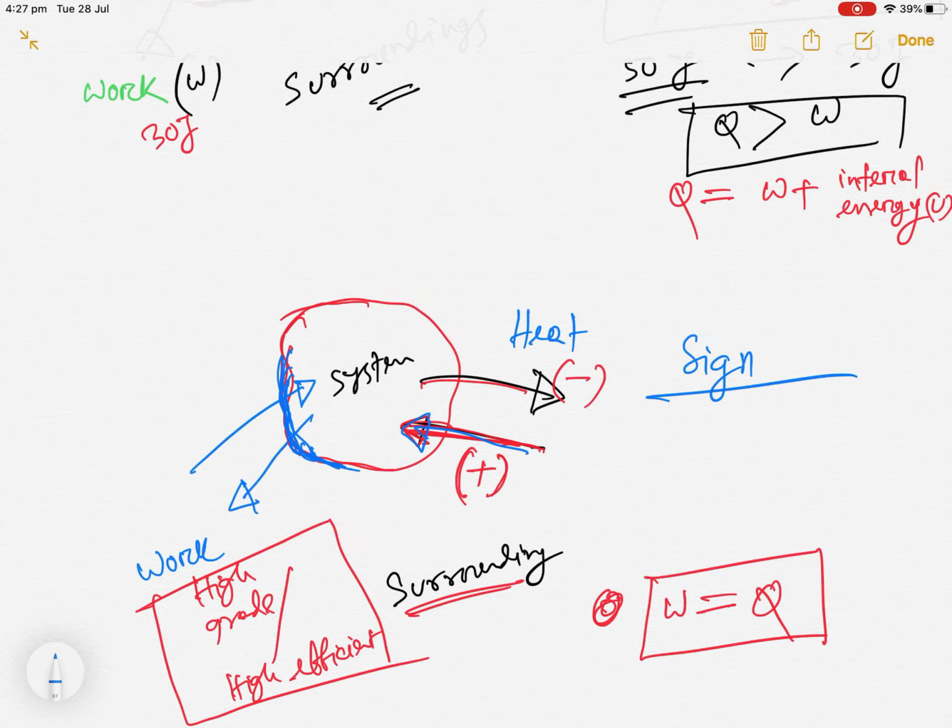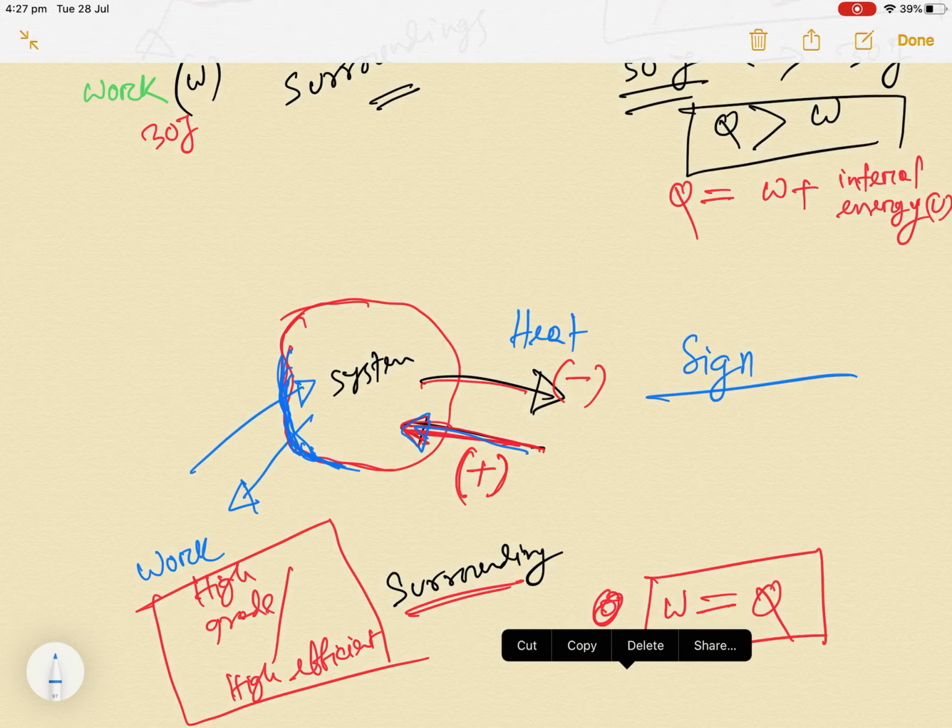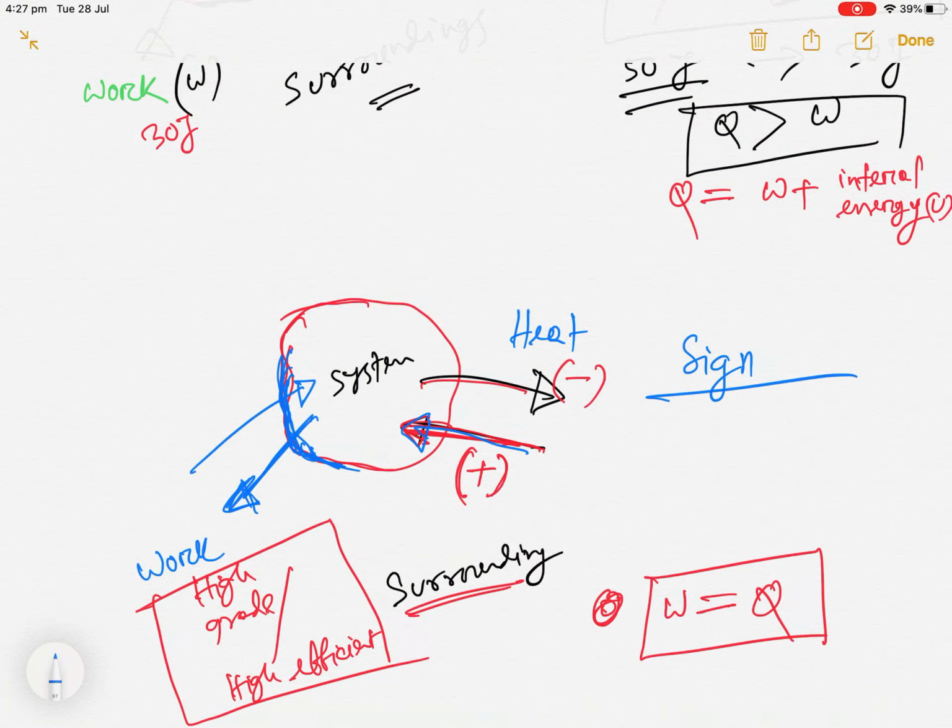When you are transferring the work from system to the surroundings, that means it is positive. Your system is providing the work. So when the work is from the system, it is positive. You can remember it's just the opposite of heat. And when you need to provide work to your system, that's not good, so that's negative. So the sign convention from surrounding to the system will be negative.